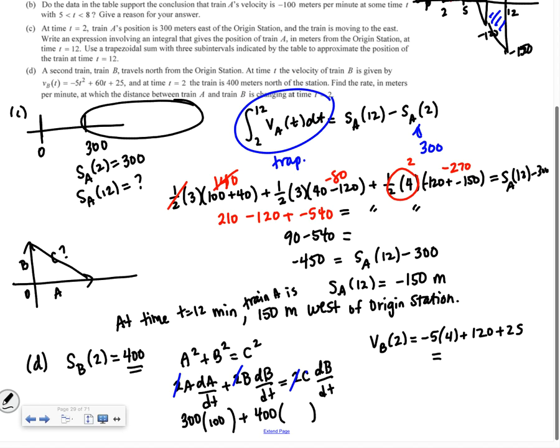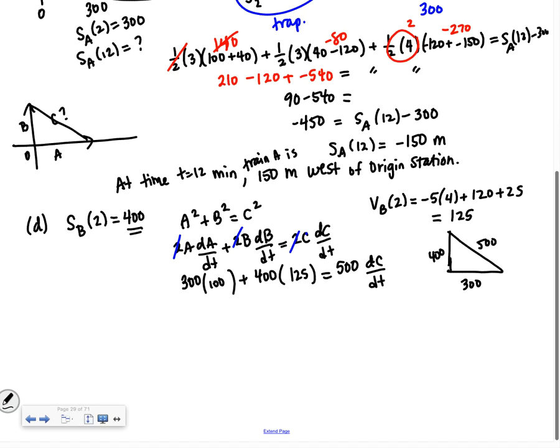So negative 20 plus 100, so it ends up being 125, right? So we found that. And then C, we don't know, but we do know that we have 300 and we have 400. So surprise, surprise, it's a 3, 4, 5 right triangle, it's 500. How nice of them. All right, and then we want to find this, oops, I wrote dB over dt, it should be dC over dt. See, I make mistakes too.